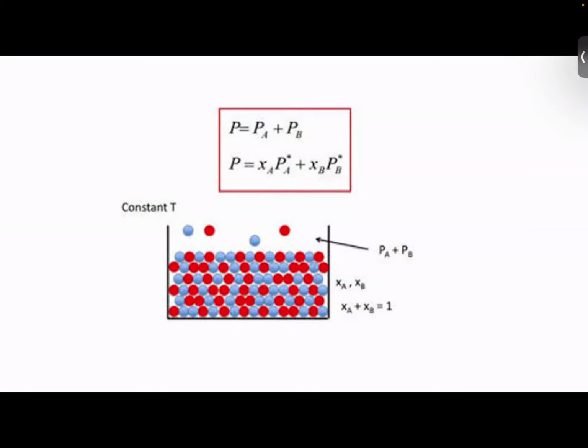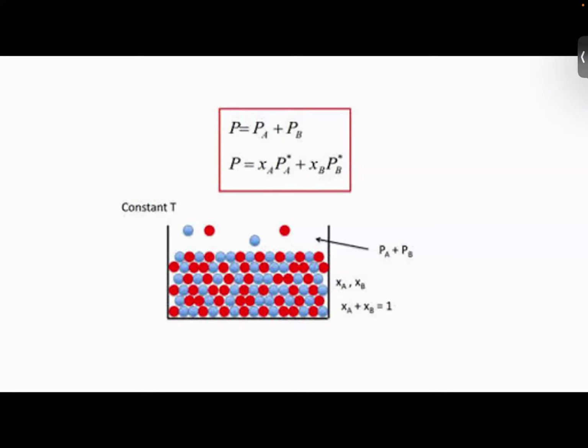Now, applying the previous equation for the pressure of the solvent in gas phase, that means it would be the mole fraction of the solvent times the pressure of the solvent. But again, we cannot just disregard the solute when we're dealing with a volatile solute.